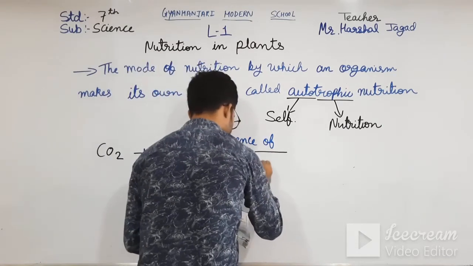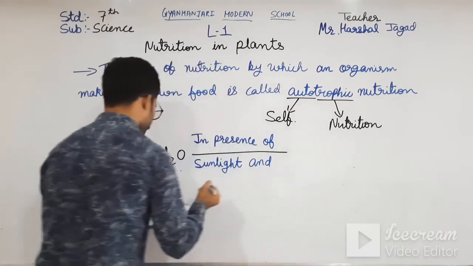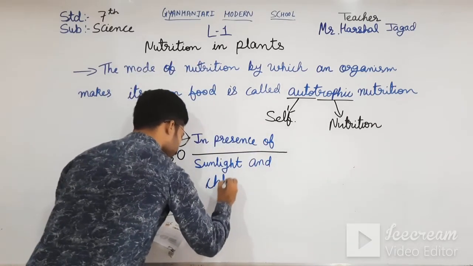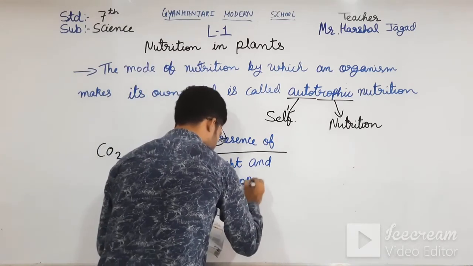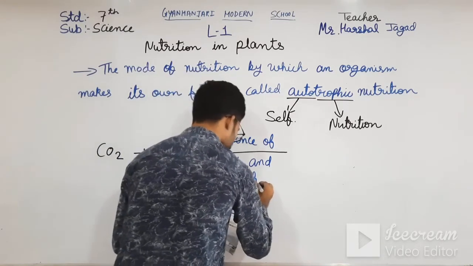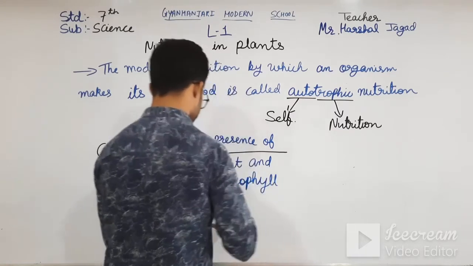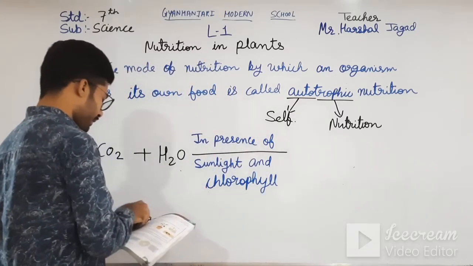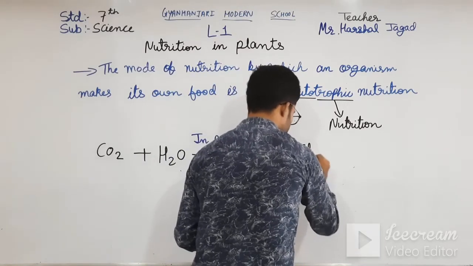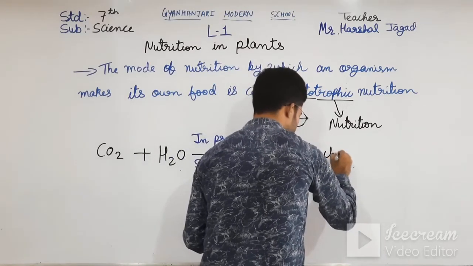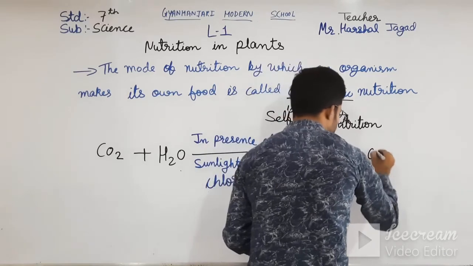and chlorophyll, we get starch plus oxygen.